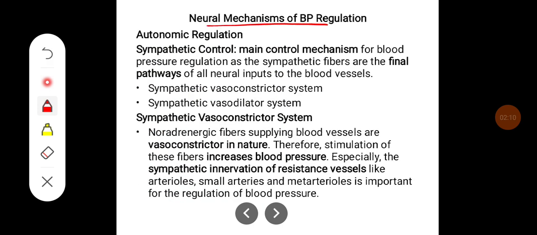Neural mechanisms. Coming to the autonomic regulation, first the sympathetic control. The main control mechanism for blood pressure regulation is the sympathetic fibers, which are the final pathway for all the neural inputs to the blood vessels.